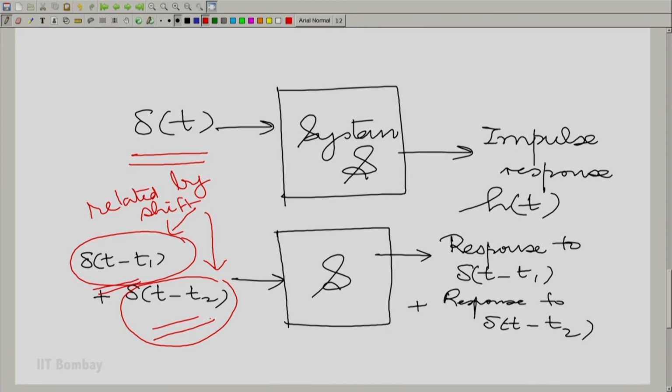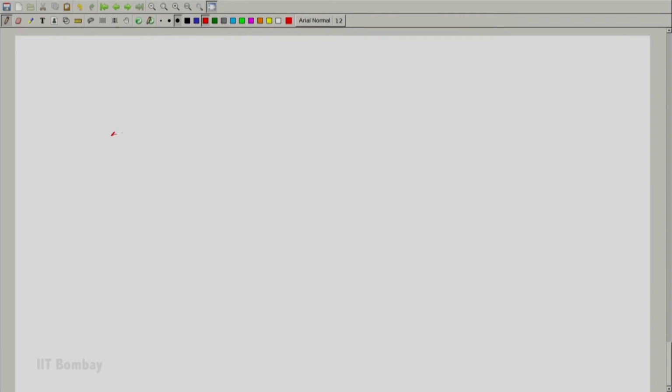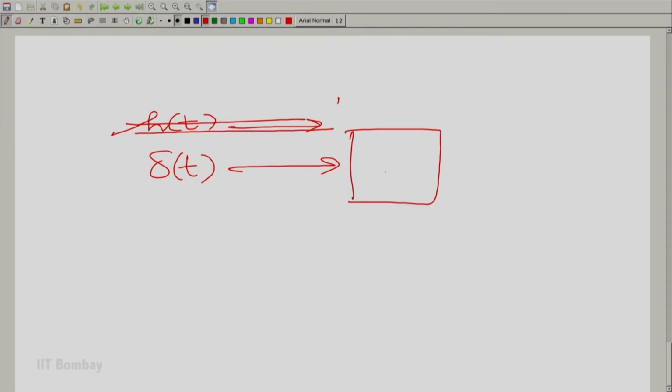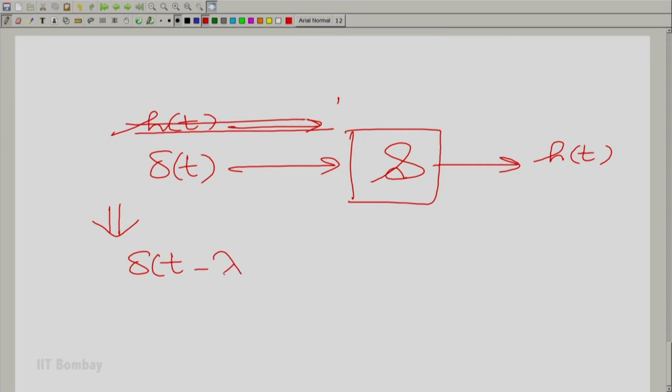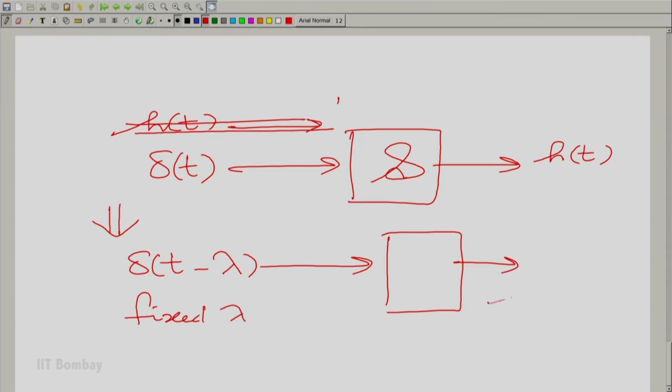So, let us write that down formally. What we are saying is h t resulting from, so let me draw it like this, delta t resulting in h t means delta t minus say lambda, for a fixed lambda, should result in h of t minus lambda.